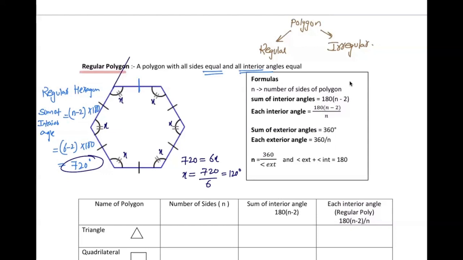And if the interior angle is 120 degrees, what can you say about the exterior angle? Interior angle and exterior angle add up to 180, so it's going to be 60. So each exterior angle is going to be 60.